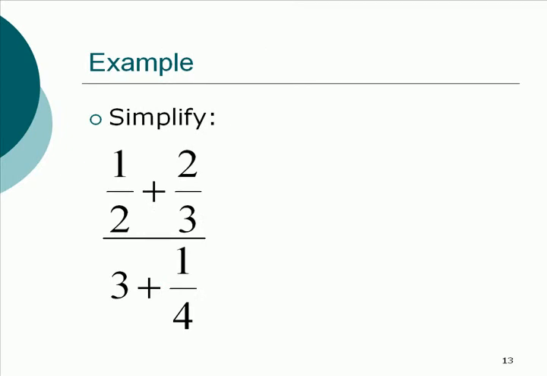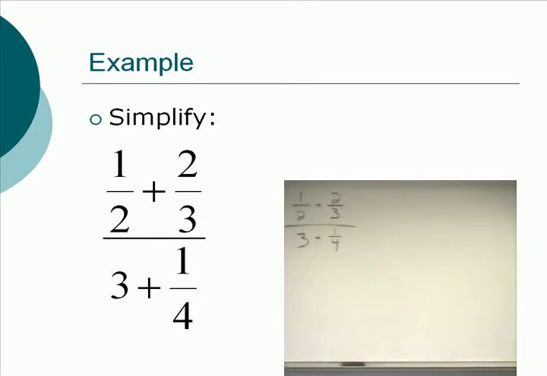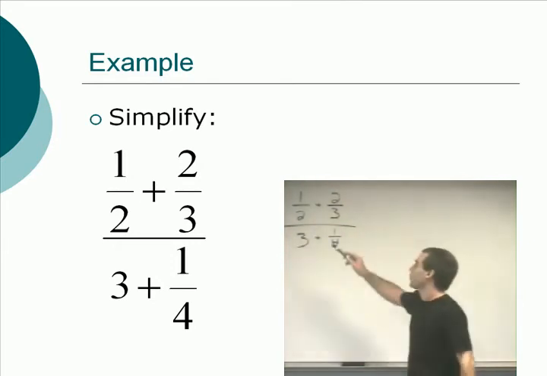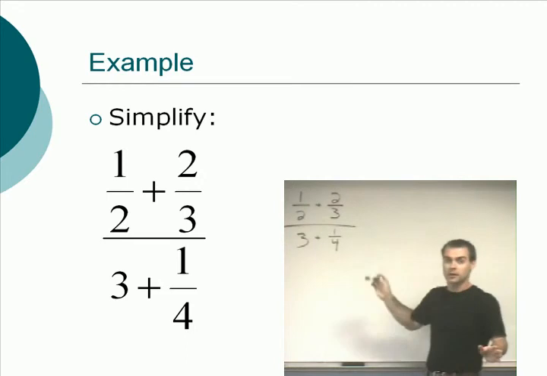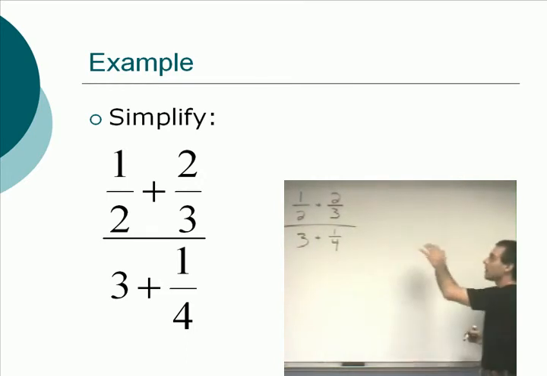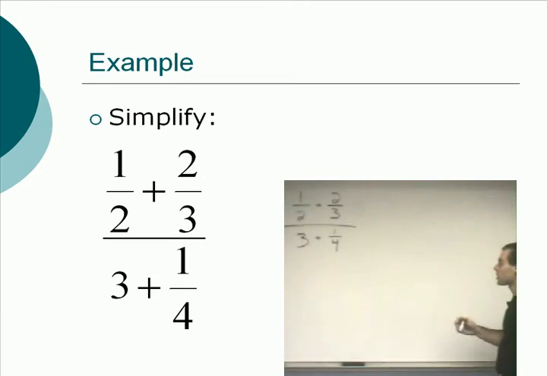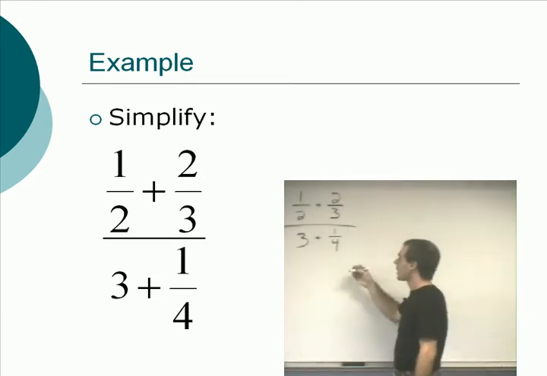Let's simplify 1/2 plus 2/3 over 3 plus 1/4. Now, ultimately, keep in mind what we could do here is we could figure out what 1/2 plus 2/3 is and divide it by 3 1/4. That would work. That's the alternative method. We'll do one of those at the end. But what is usually going to save you time with algebraic fractions is just recognize what is your LCD and multiply top and bottom by the LCD.